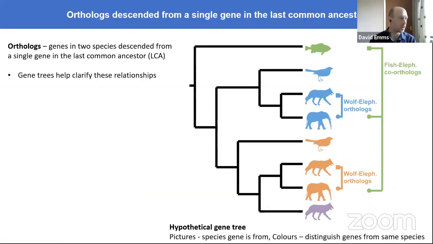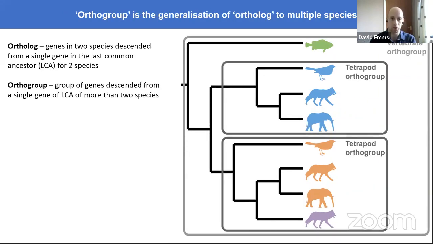Orthology is central to comparative genomics. Orthology basically tells us what we need to compare with what. And so we have a couple of important concepts. The first of those is orthologs. Orthologs are genes descended from a single gene in the last common ancestor of those two species. And then we also have orthogroups, and orthogroups are just a generalization of orthologs to multiple species.